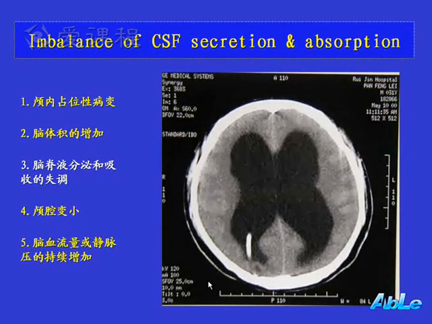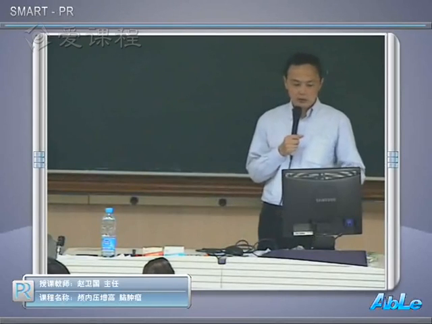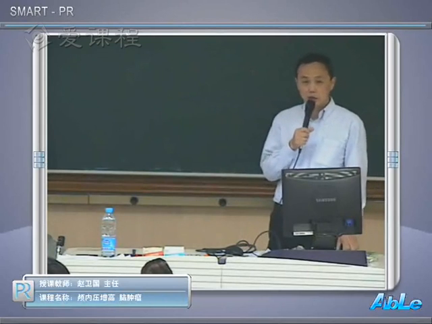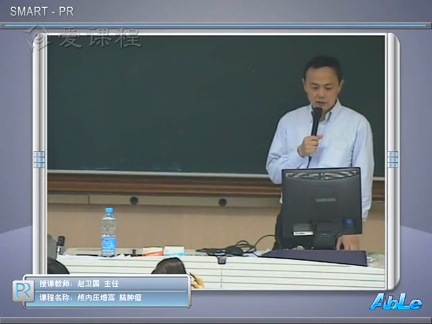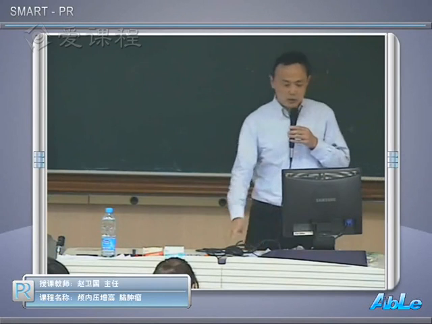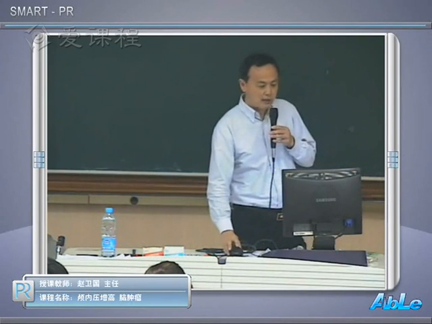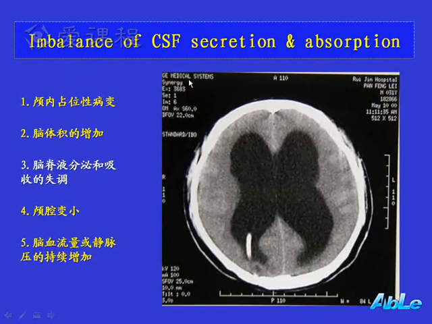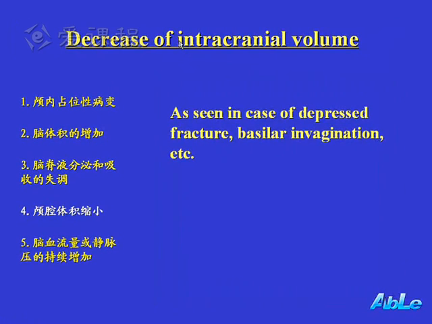This is over-secretion or impaired absorption or blockage of the circulation of CSF. So when we remember this picture, we understand there's an imbalance of CSF secretion and absorption. And decreased intracranial volume, as we see in depressed fracture or basilar invagination, etc.